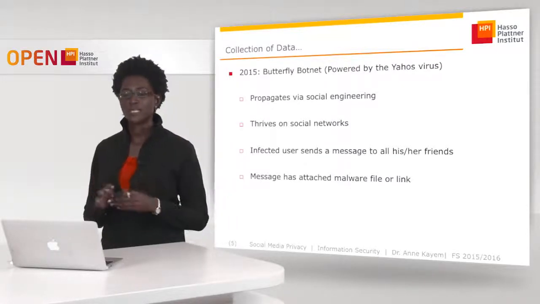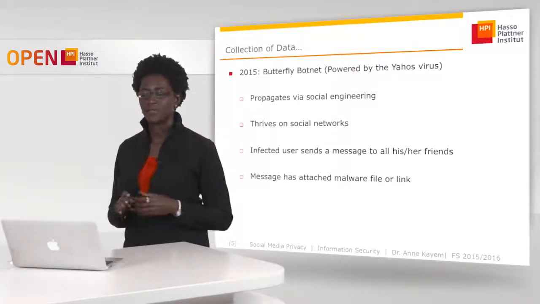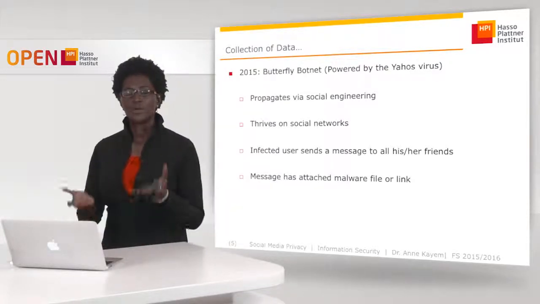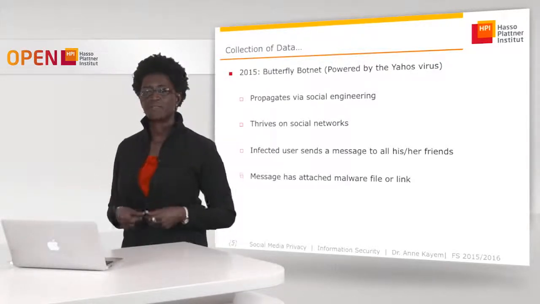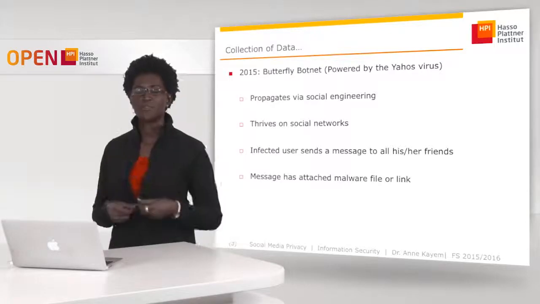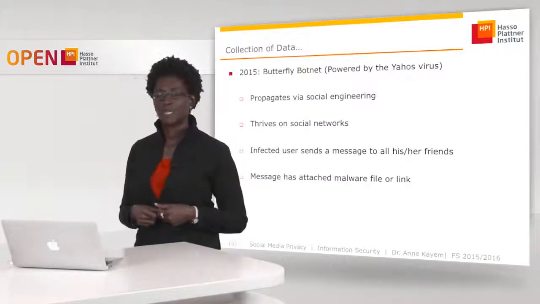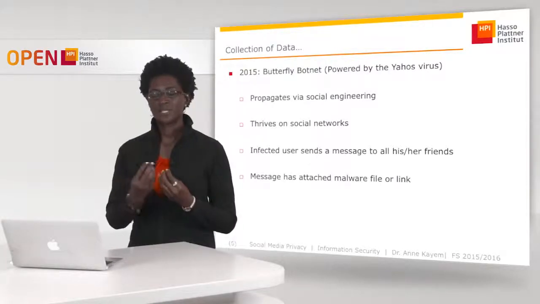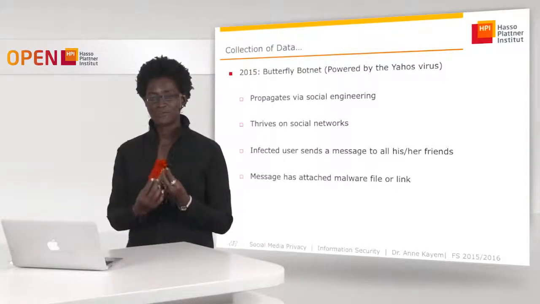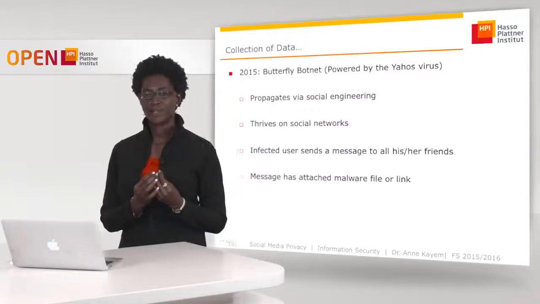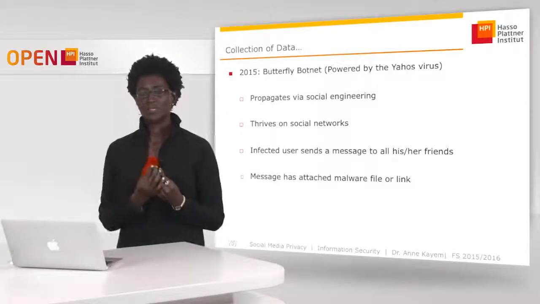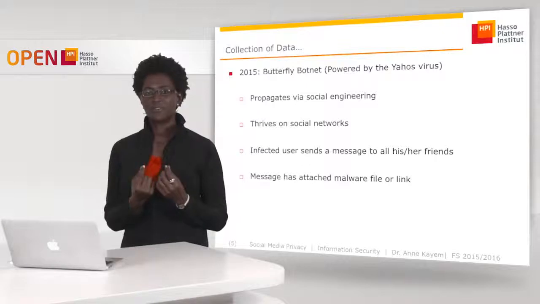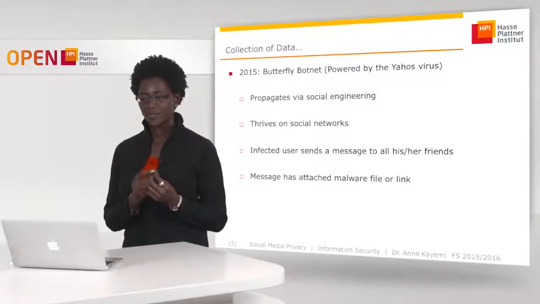So basically what happened with the Yahoo's virus was that one user, for example, gets infected because maybe they accepted a photograph or they accepted a message. They send this message, for example, to all of their friends. So a network is created, a network of friends is created, and a network of infected users is also created.